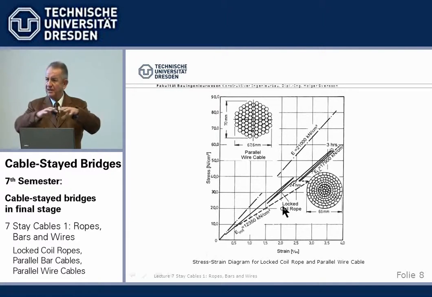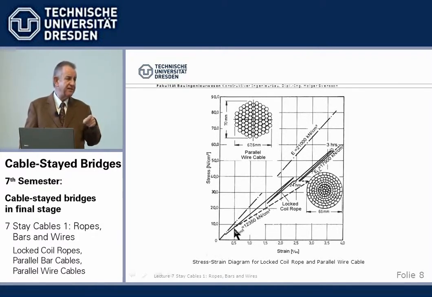For any wire, doesn't matter in what cable, the modulus of elasticity is constant 2.05, that of steel, period. But the complete cable, and here it's a little tricky. When we start installing a locked coil rope, we come only to something like, let's say 12, which is less than nearly half only of the 2.05 of the individual wires.